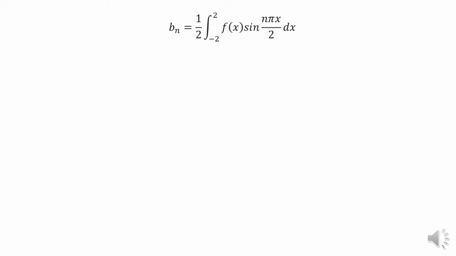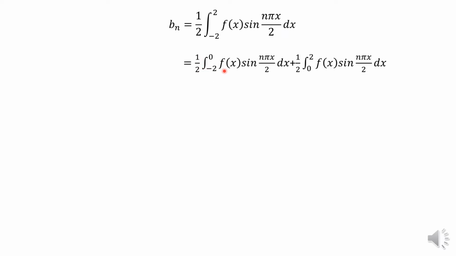Now let us find the third Fourier constant bn. So bn is equal to 1 by 2 times integral minus 2 to plus 2 of f of x into sin n pi x by 2 dx. Now split the integral like this. In place of f of x in the first integral you put 0, therefore this term entirely goes off.